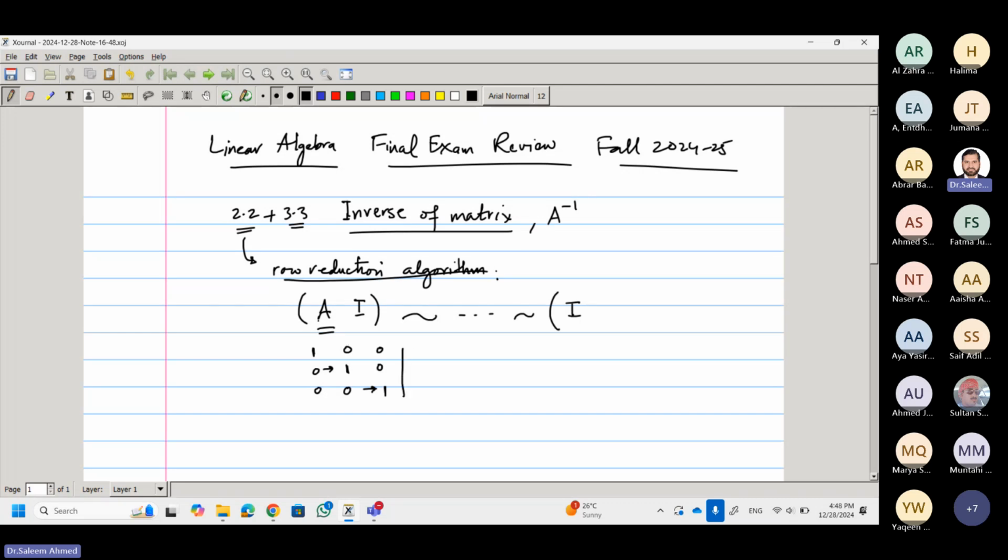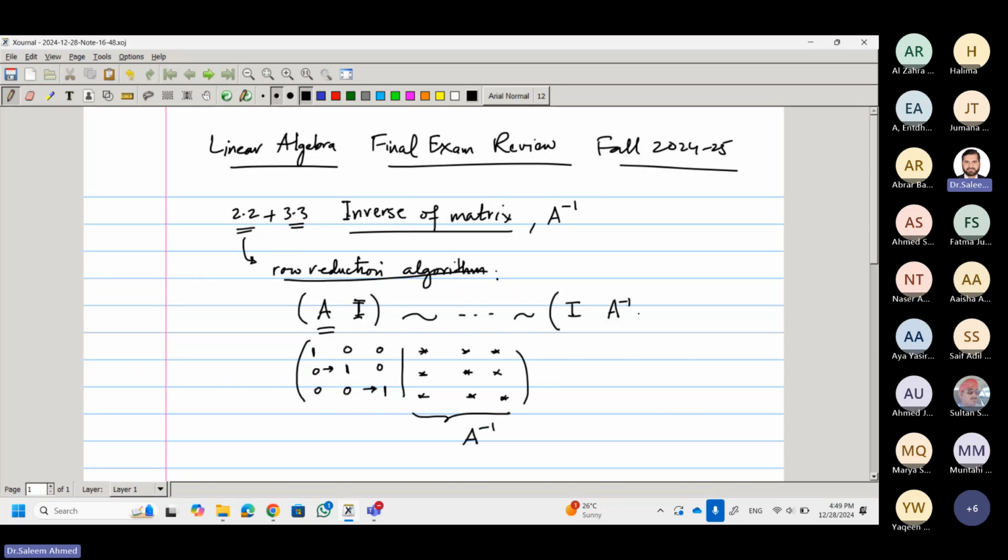So once the left side, this A matrix, becomes identity, you keep on using the row operation on all of them because you started from identity. That identity will become something else now, right? There will be some numbers. It will not remain identity because you have been using row operations on them. So this second portion automatically becomes A inverse.